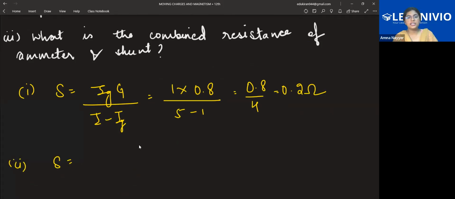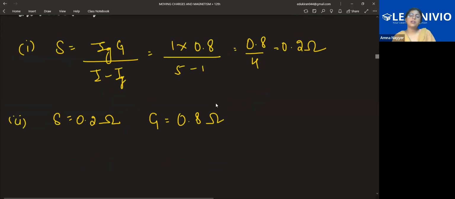Second, what is the combined resistance of ammeter and shunt? Shunt is 0.2 ohms. Galvanometer is there. Ammeter is our galvanometer only, that's why we are using 0.8. Now, combined resistance.